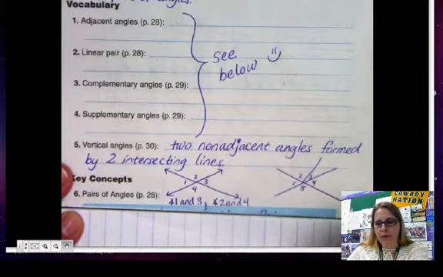To be vertical angles, it means that their measures are equal. So 1 is equal to 3 and 2 is equal to 4.